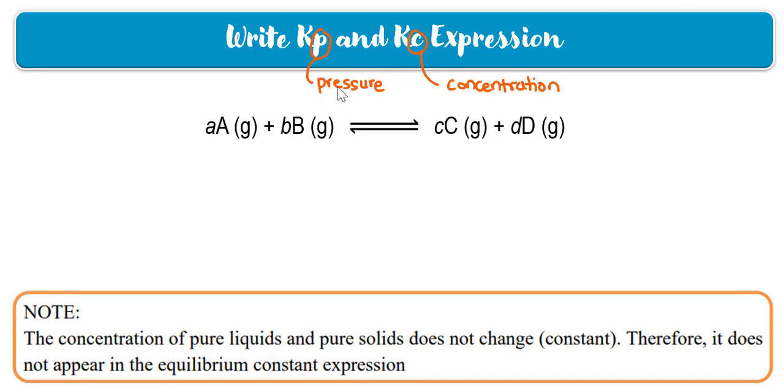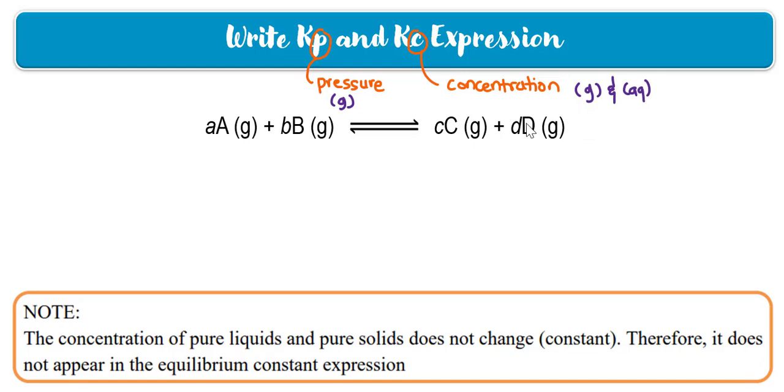For the Kp, the only phase that will be included in this expression is gas, while for the Kc expression, we have the gas phase and also the aqueous phase that will be included.